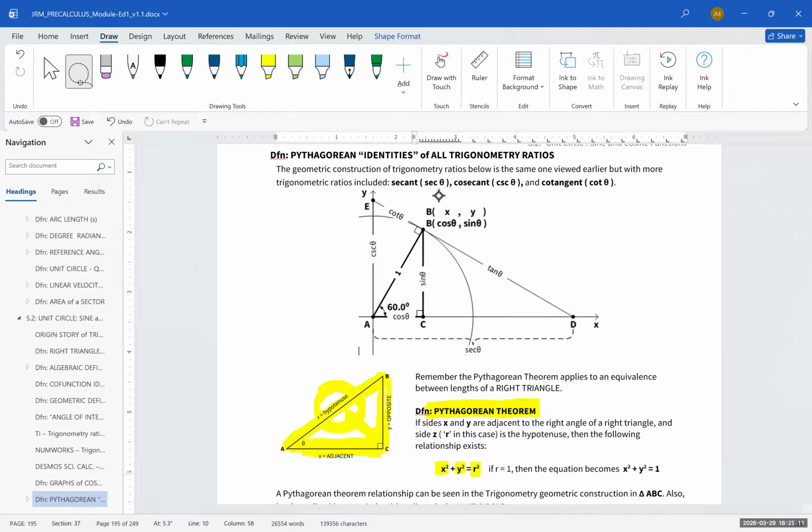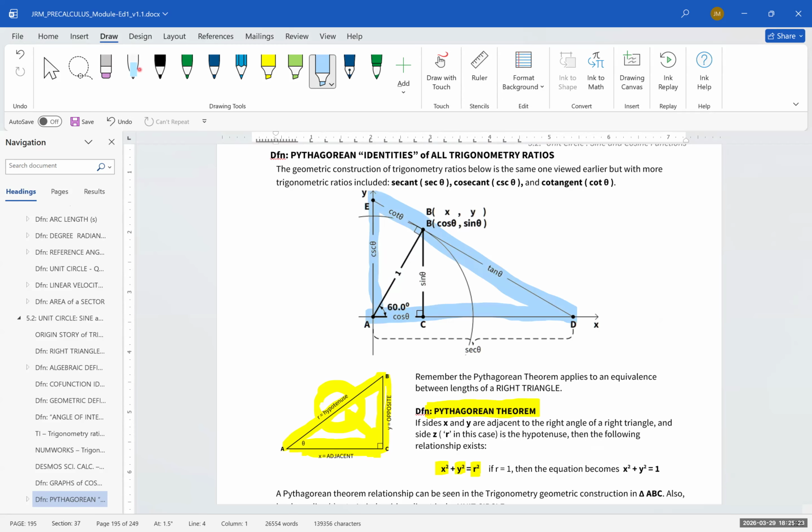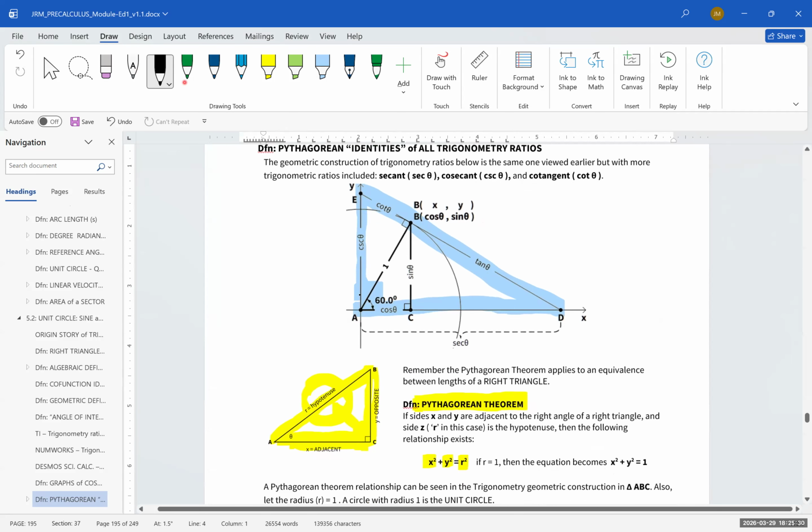And let's see here, another one. We've got triangle ADE. So A, D, and E. So here is our right angle. Here's our right angle.